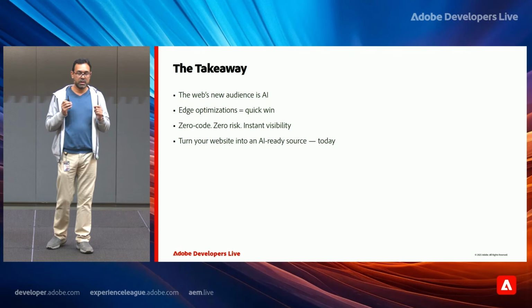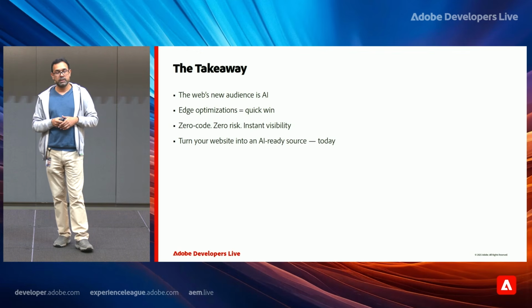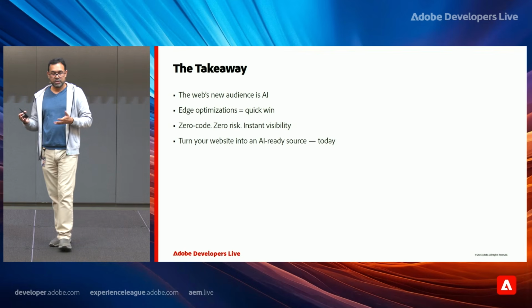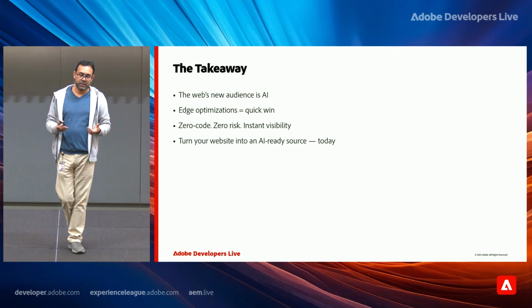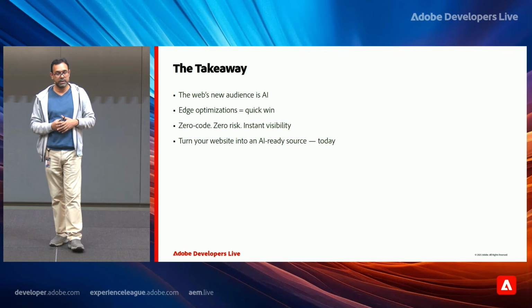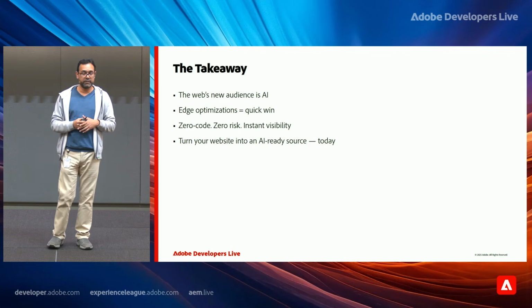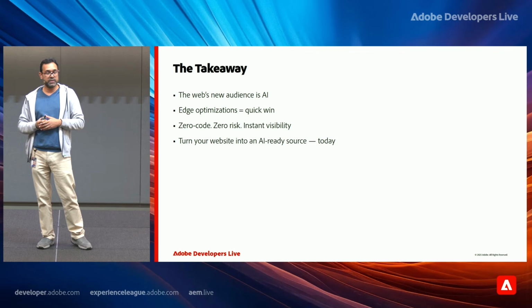So here's what I want you to remember. First, web search has fundamentally changed. Today, AI is how people discover information. It's not just search engines anymore. People ask questions to AI and AI gives answers. So this is something brands should start addressing or fixing if there are gaps. Second, if AI search platforms can't see your content, you are invisible to the future.